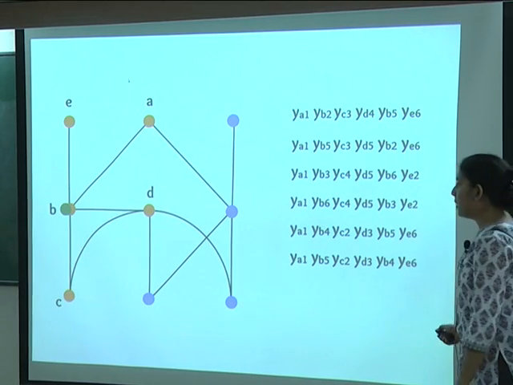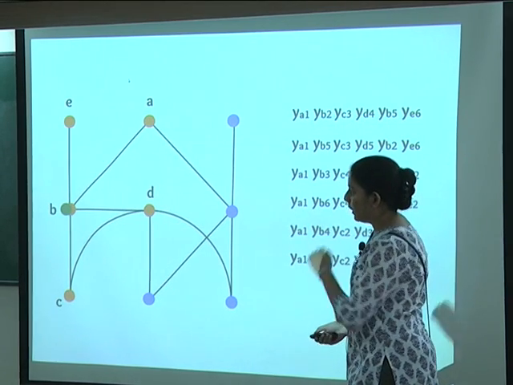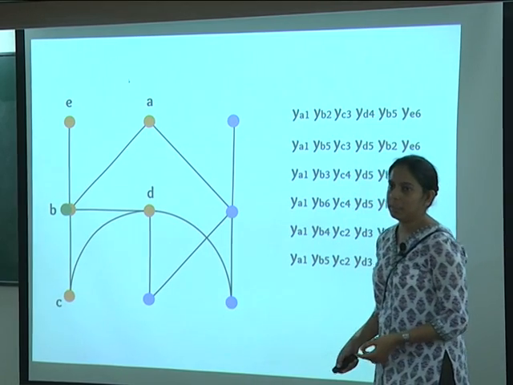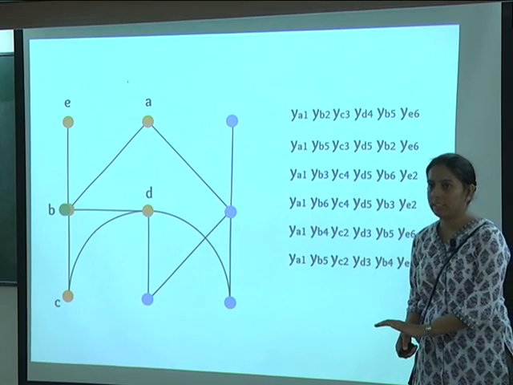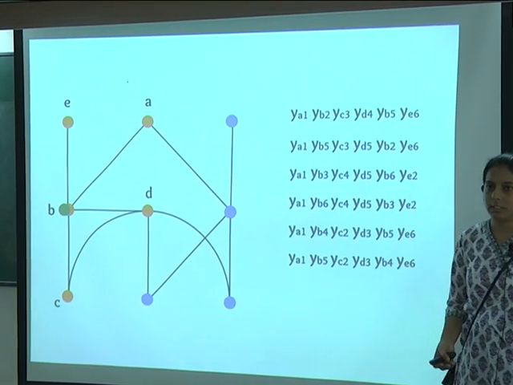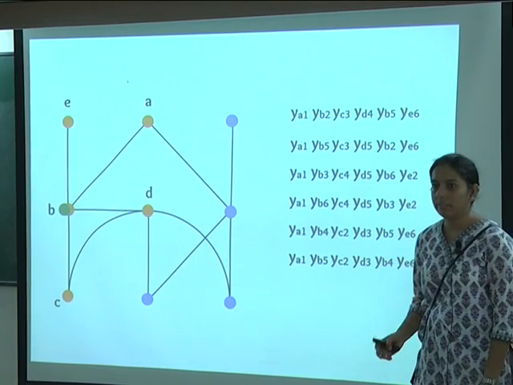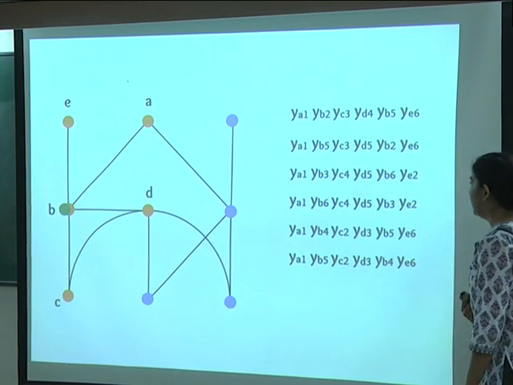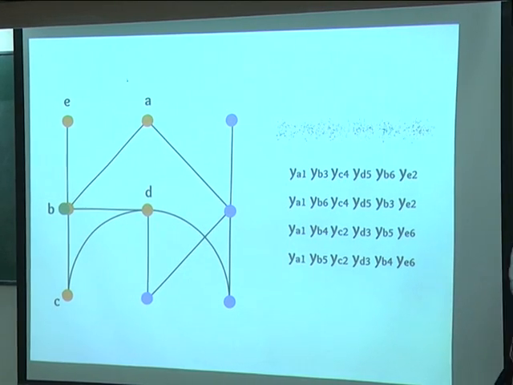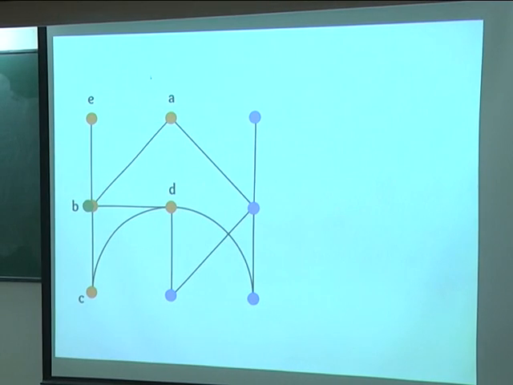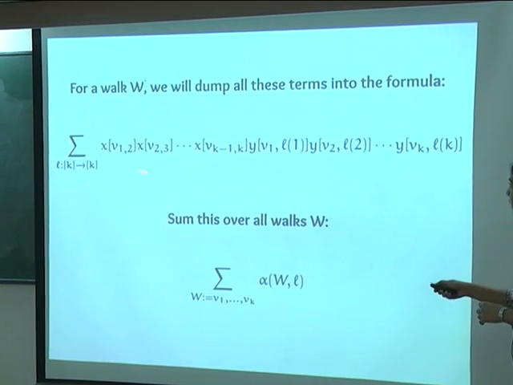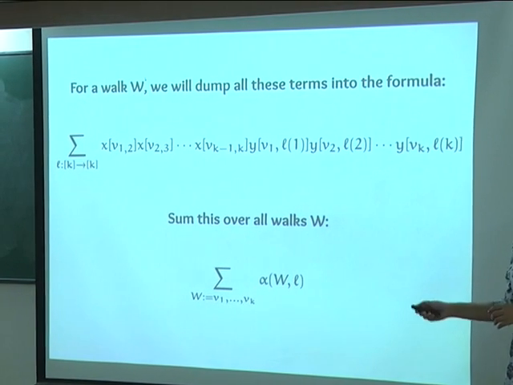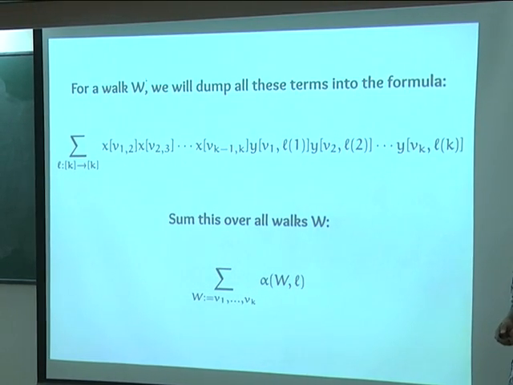Because a lot of other potential cancellations may happen, and you may start with a graph which does have legitimate paths of length k, but the polynomial turns out to be the 0 polynomial, which is something that you definitely want to avoid. Okay, so that's sort of why we had this business about introducing variables that correspond to the edges as well.